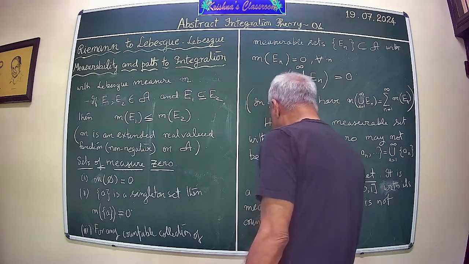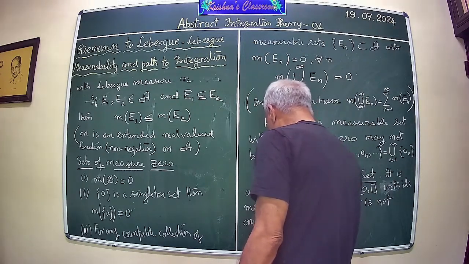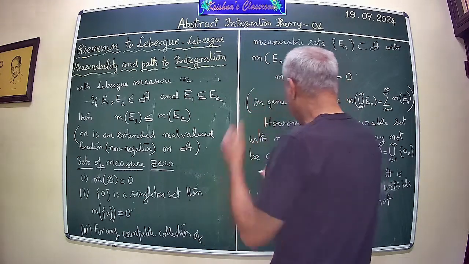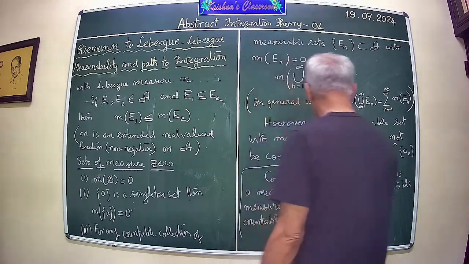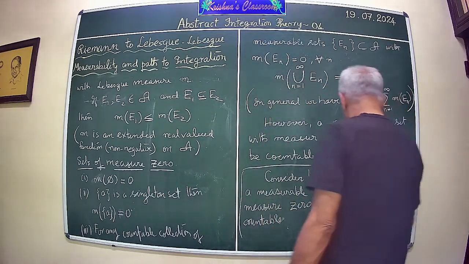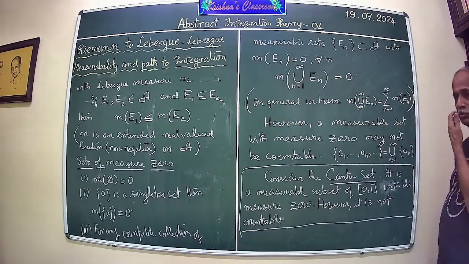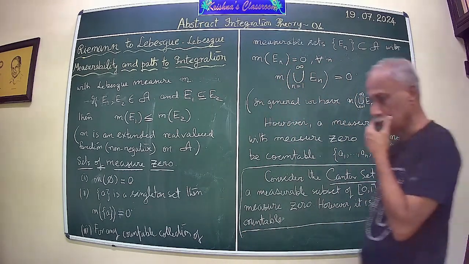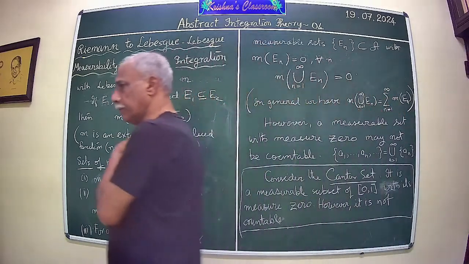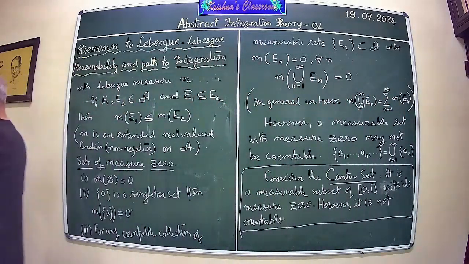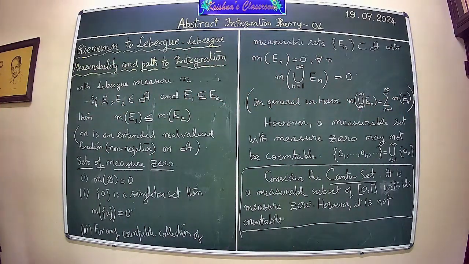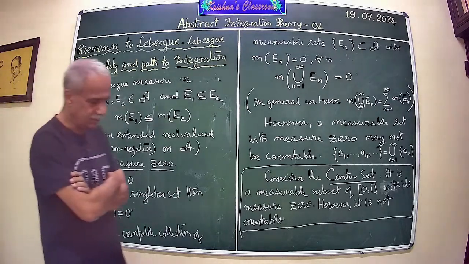So there are sets which are not countable having its measure equal to 0. So just from the statement that the Lebesgue measure of a set is 0 does not imply it is countable. That's what I meant.